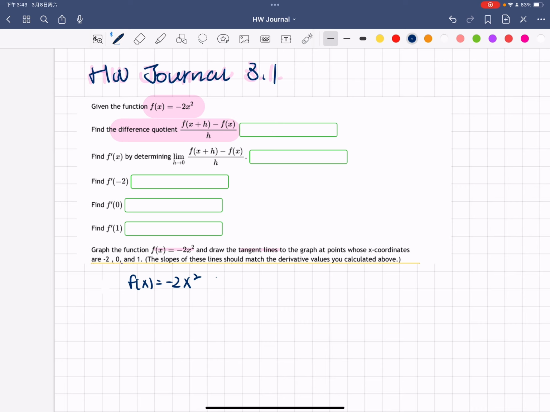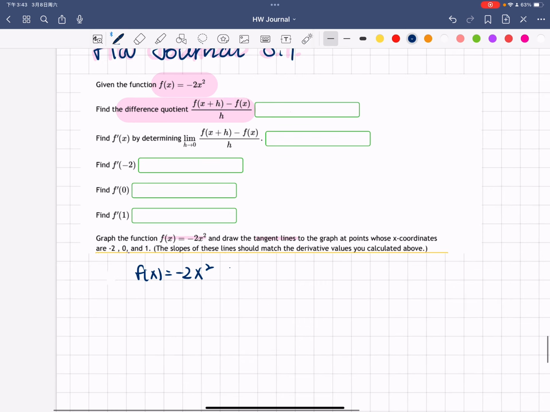So we're going to follow the formula (f(x + h) minus f(x)) over h. It's quite simple. In the first term, instead of x, we'll be substituting x plus h into the x. And for the second term, it's going to remain the same. For the bottom, it's just going to be h.